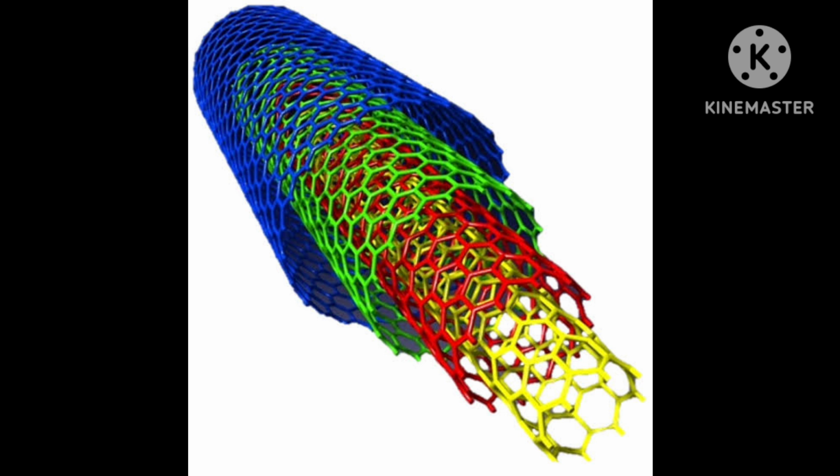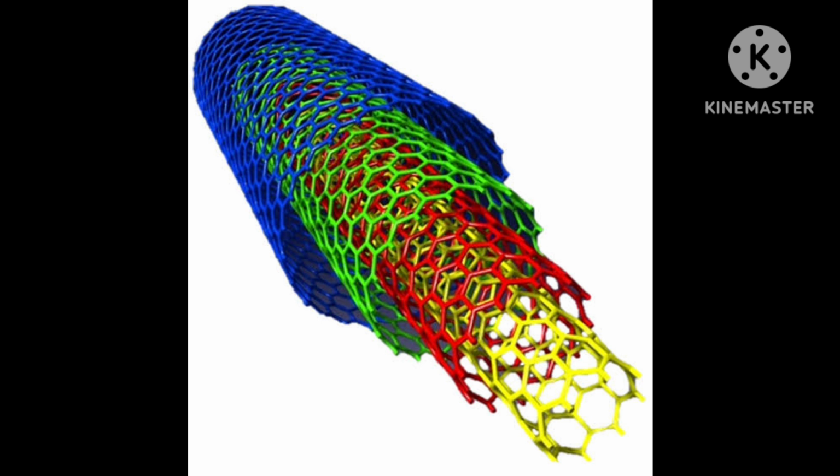One can fold the graphite sheet into a cylinder like a paper. If a single graphite sheet is folded, we get what is called a single wall carbon nanotube.